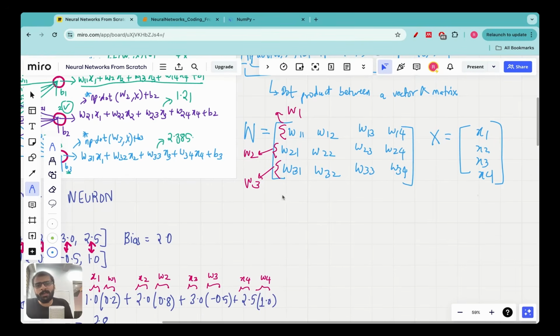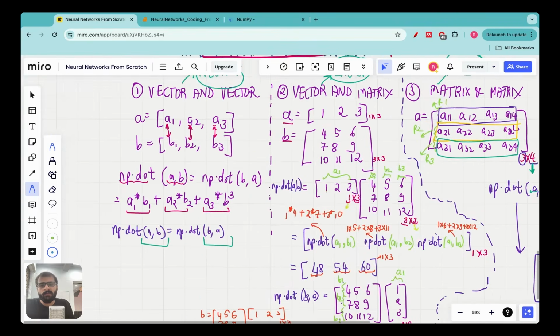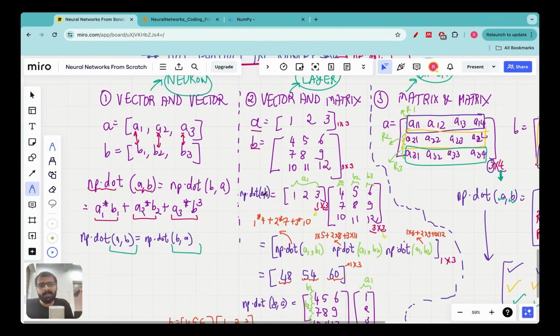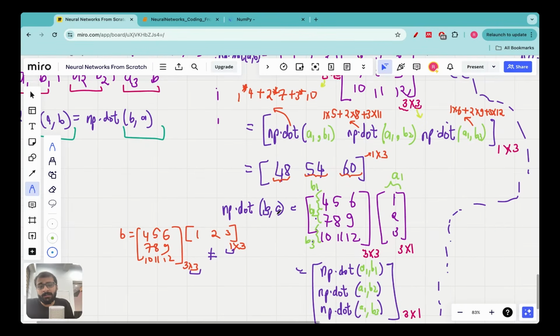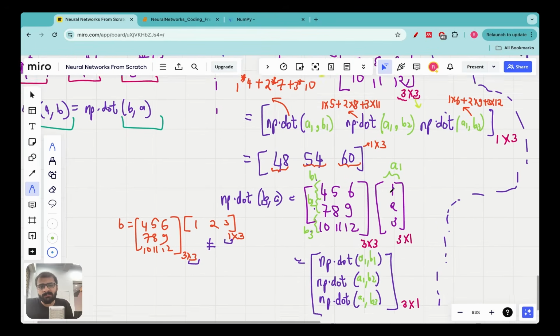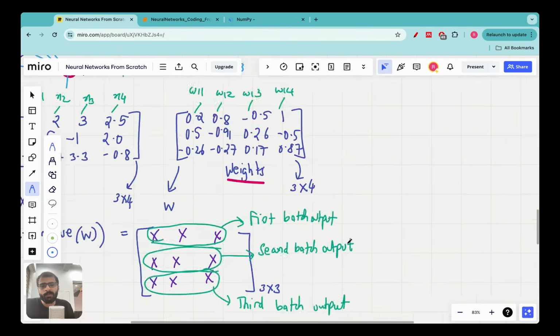Now, what I invite you to consider is np.dot(W, X). What will this be? Look at what we have learned previously. This is exactly np.dot(a, b), which we have seen here. Or rather, it's np.dot(b, a), because the matrix comes first. Remember what we saw? The first row will be multiplied by the column, the second row will be multiplied by the column, and the third row will be multiplied by the column. So we'll have three dot products here, right?